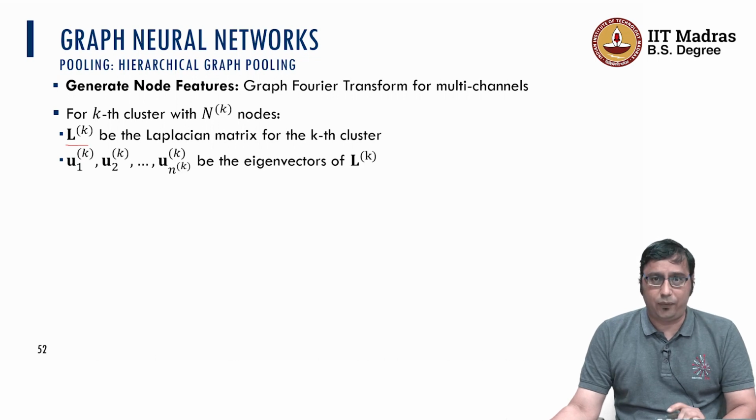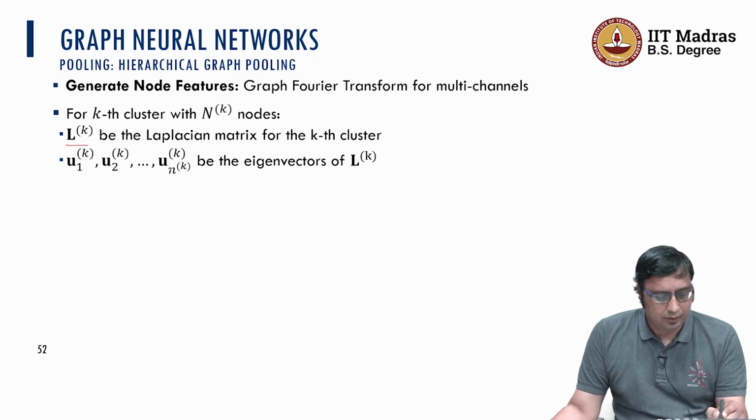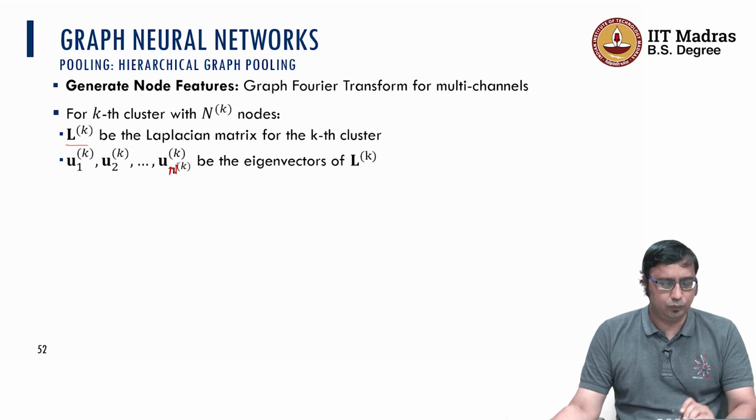The eigenvectors for this L_k are u_1 to u_nk. Now we have the eigenvectors corresponding to that particular subgraph Laplacian L_k.